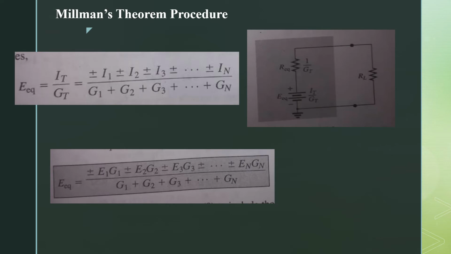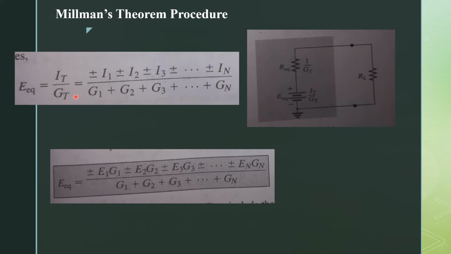Let us simplify the Millman theorem more using the generalized equation. If you want to find the E equivalent of the different voltage sources, we write the equation as E equivalent is equal to I by GT. GT is basically the total conductance of the circuit.